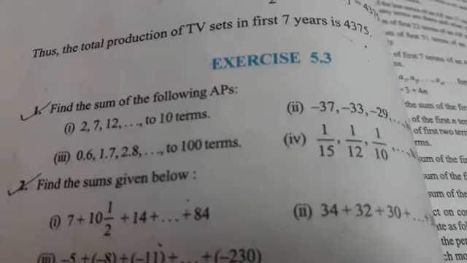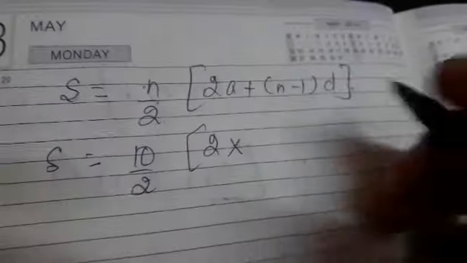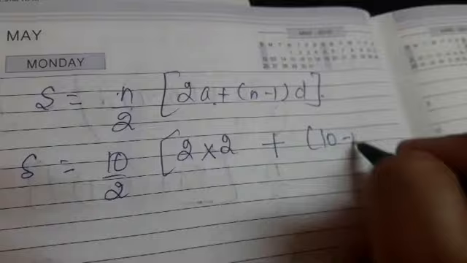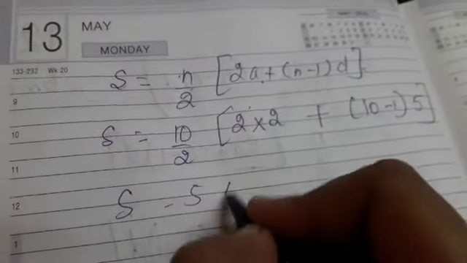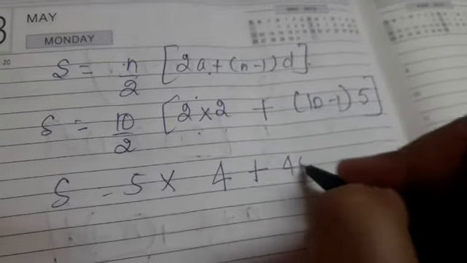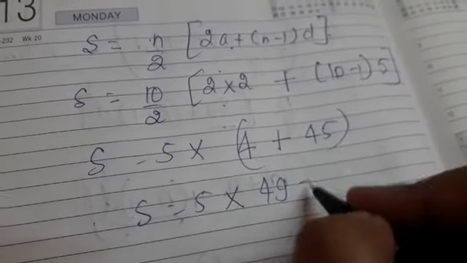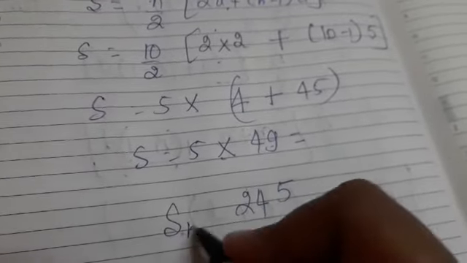S is equal to 10 by 2 into 2 into a, a is 2, plus 10 minus 1 into 5. So S is equal to 5 into, 2 into 2 is 4, plus 9 into 5, 45. So S is equal to 5 into 49, which gives 245. So the sum of the given series is 245.